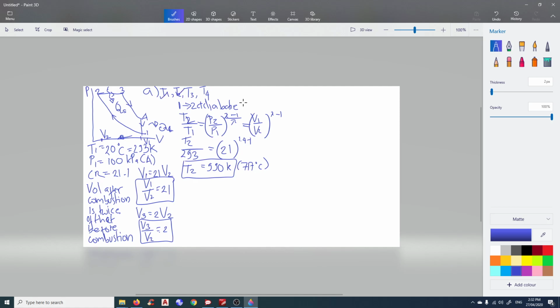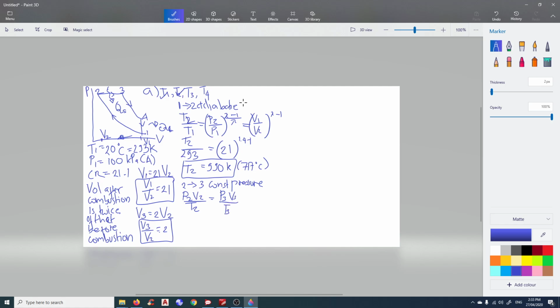Let's have a look at T3. From 2 to 3 is constant pressure. We can use this equation if you remember from last week: P2 V2 over T2 equal to P3 V3 over T3.